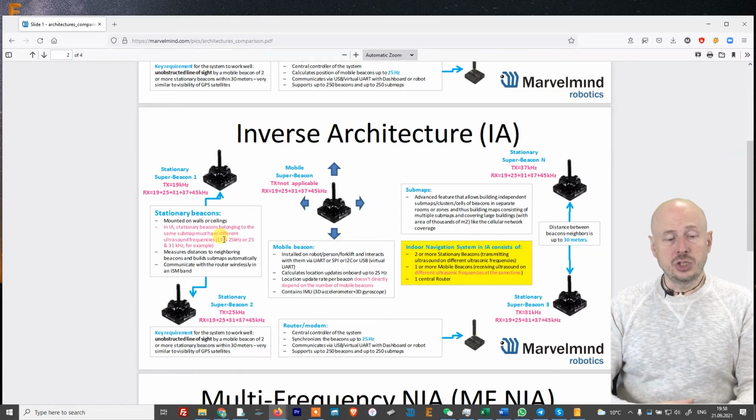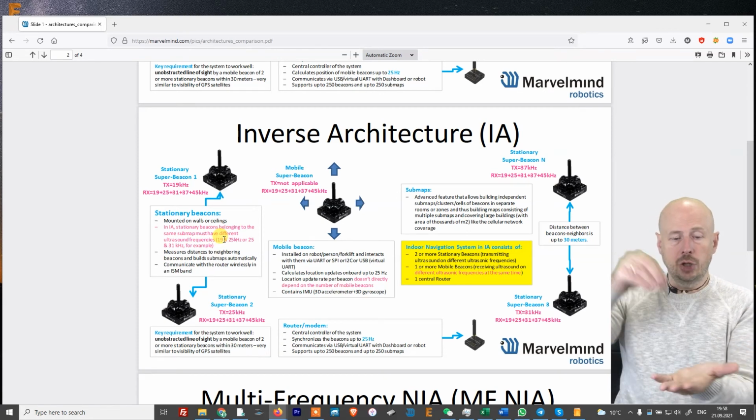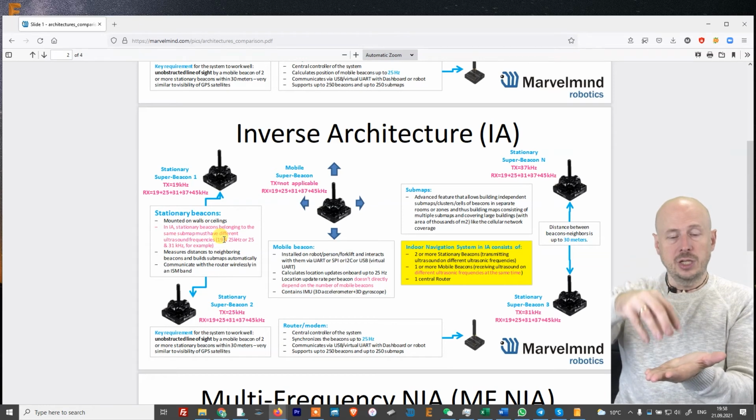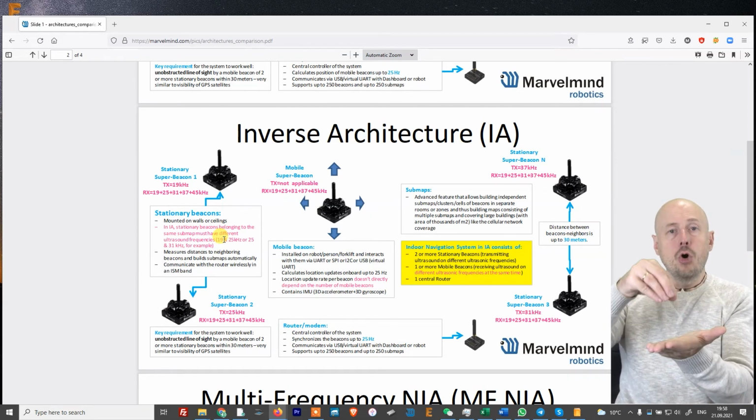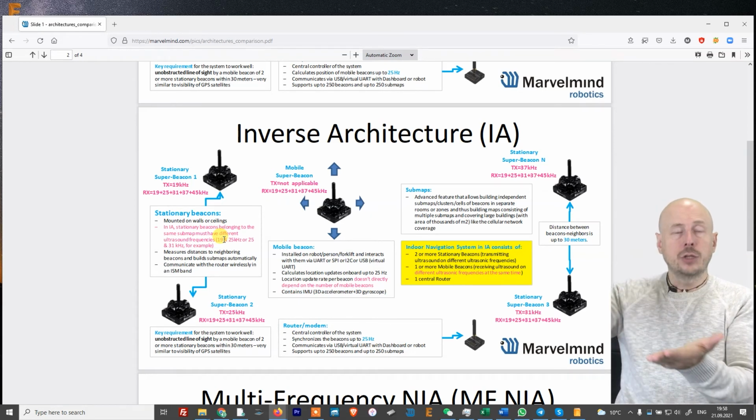But the disadvantage is that your mobile beacon is receiving ultrasound. For example, if you have a drone, and the drone is very noisy, you cannot place a very sensitive, ultrasonic-receiving beacon on the drone and have it fly.